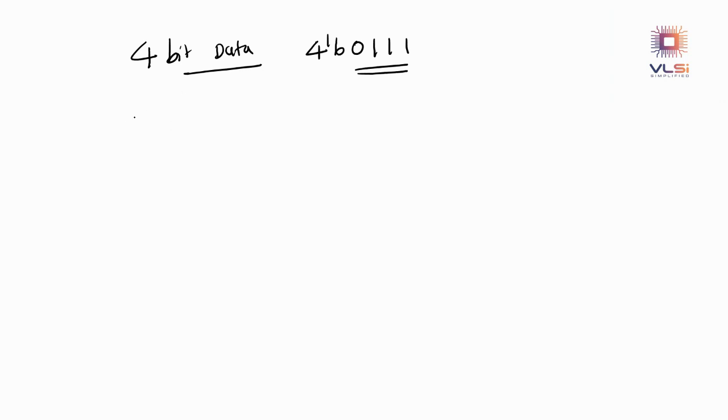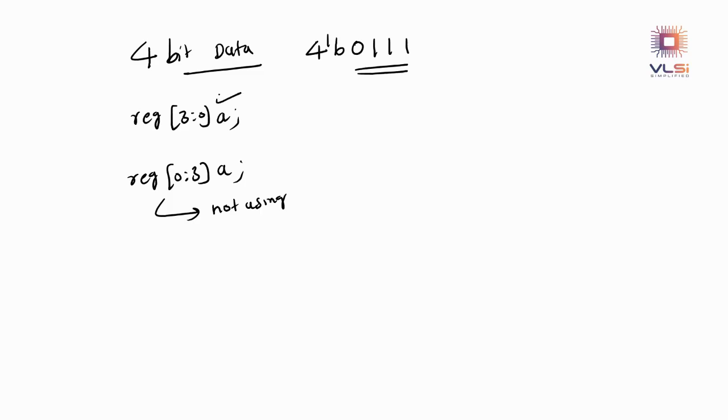So the standard representation is reg [3:0] a. Yes, this is the standard representation. Suppose it is reg [0:3] a. Basically we are not using this type of notation. Mainly we will use MSB down to 0.